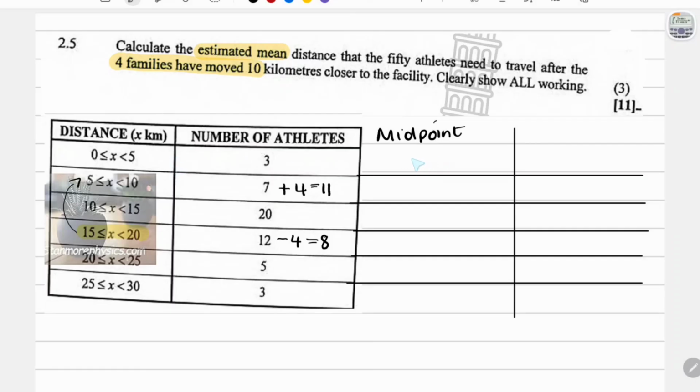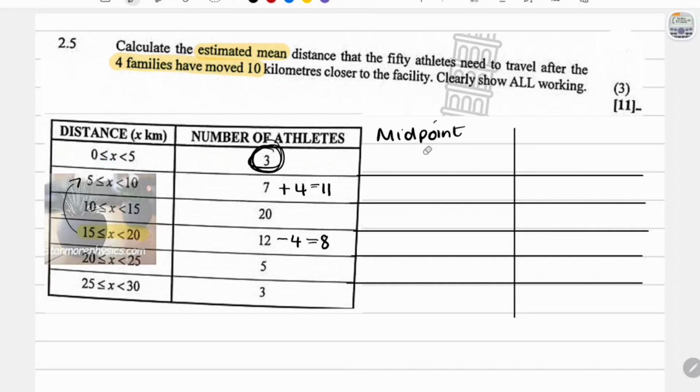We're not going to each of these 3 athletes, for example, and asking them, how far do you live from a training facility? Because if we did that, we would get different values, but all those values would range between 0 and 5 kilometers. So instead of finding each of them, which we can't right now, what we do is get an estimate of 0 to 5 kilometers.